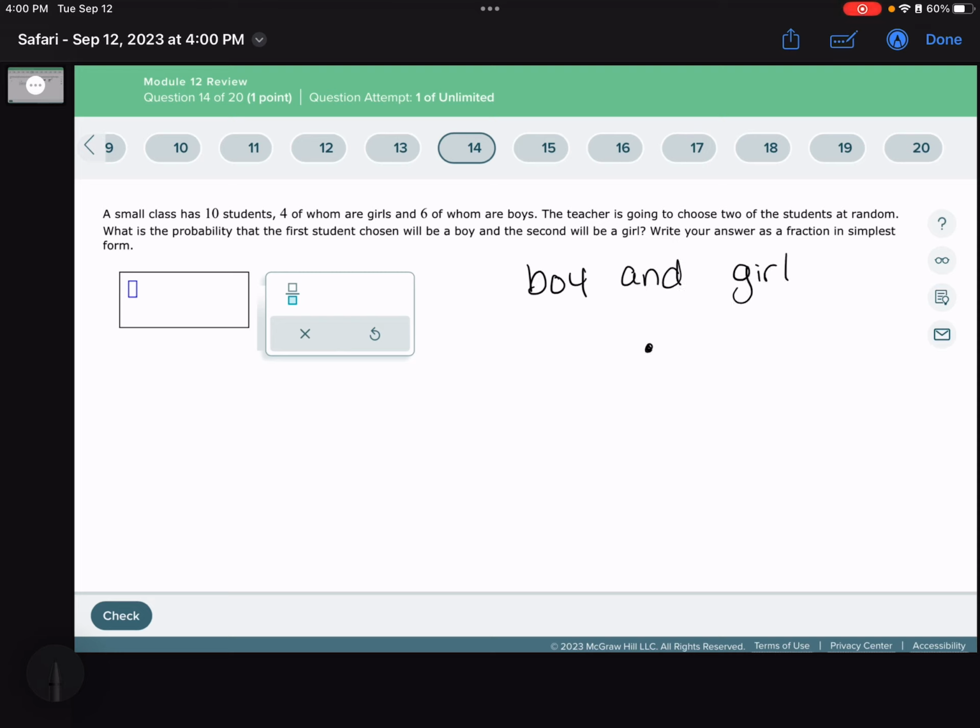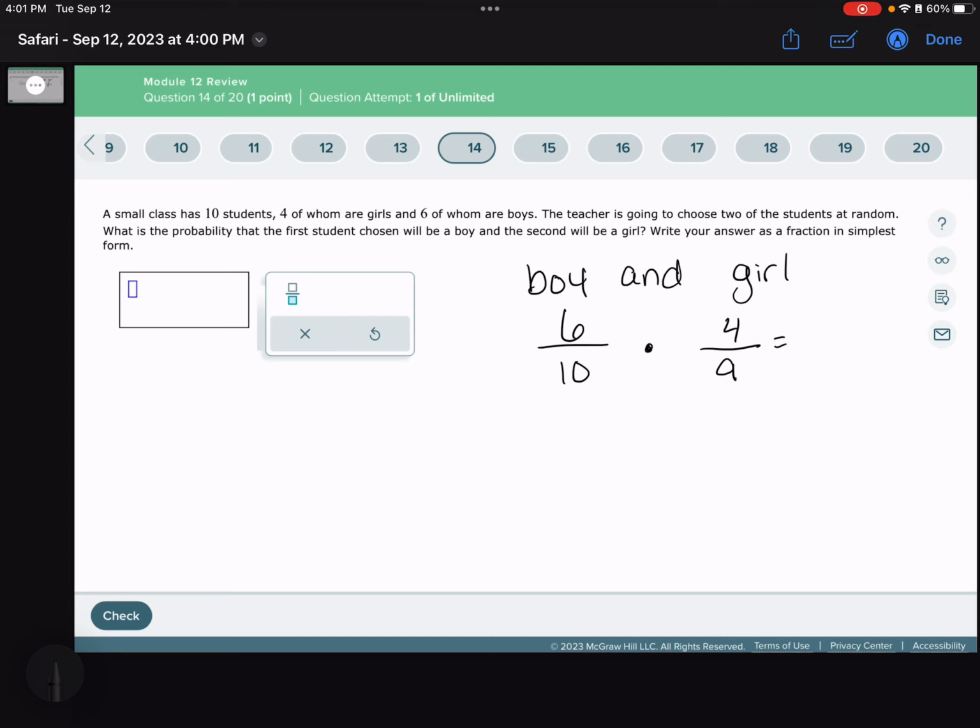And means we're multiplying. I started off with 10 students in the room and 4 girls, 6 boys. If I already chose a student, I'm not going to want to choose the same one again. So I'm going to multiply that by 9 because I already chose one. There's 9 students left to pick from, and I want to choose a girl. So I'm going to multiply those together.